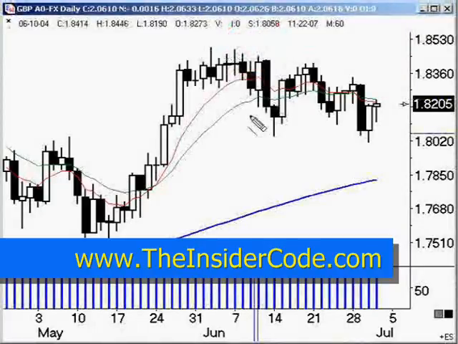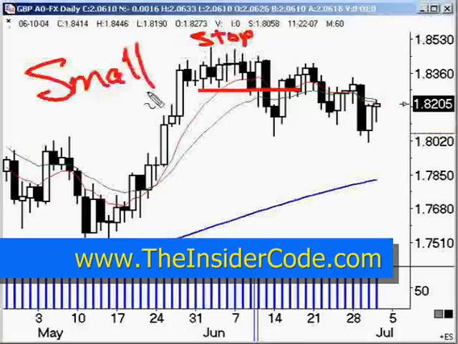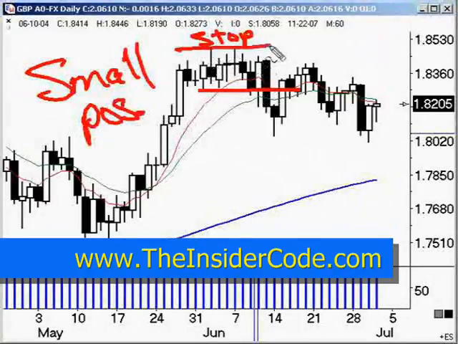If you're a conservative trader and you're going short below the low of the range, your stop is above the high of the range. Okay, this is why this is a small position. We don't want to take on a bunch of risk up here because our stop could be pretty big.